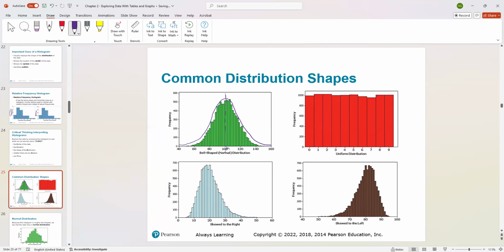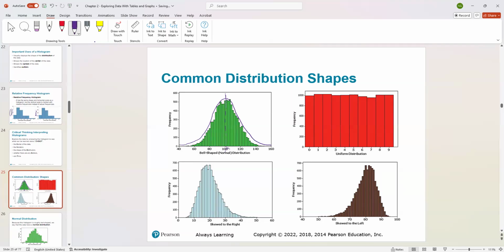It's really a normal distribution, because many statistical methods require that sample data come from a population having a normal distribution, that is, approximately a normal distribution, and we can often use a histogram to judge whether this requirement is satisfied. But the second one, as you can see, all the bars are the same height.